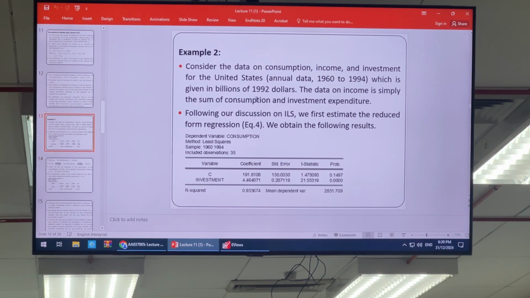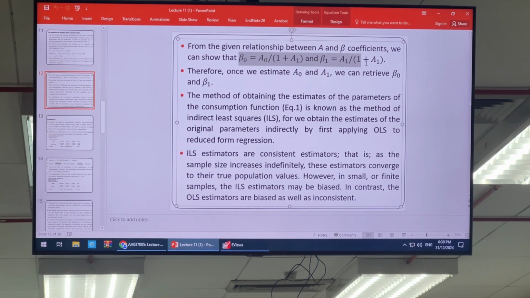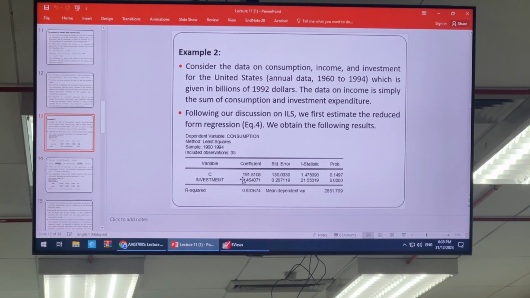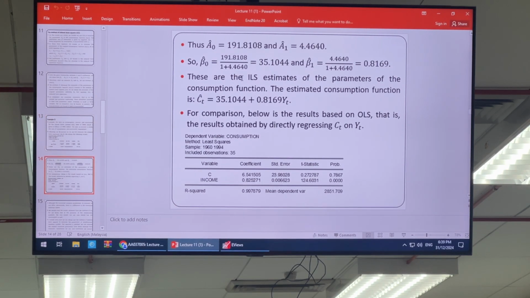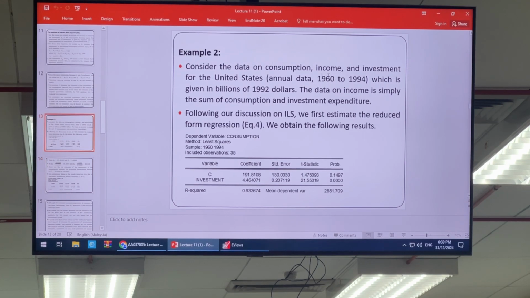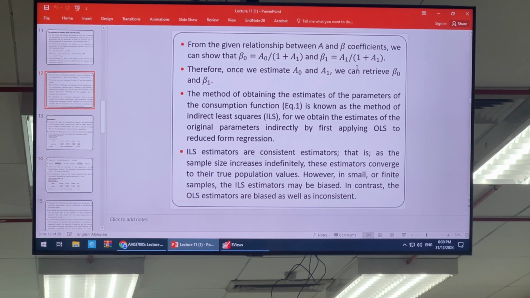So using this, and then the estimated values that we obtained just now, you can solve and you get the estimate of beta 0, beta 0 hat 35.1, and then beta 1 equals this, using the formula, this one.